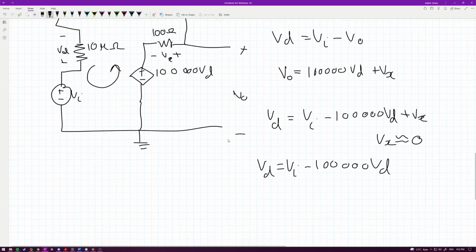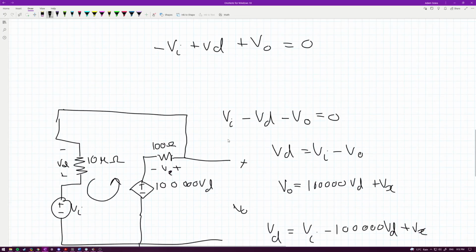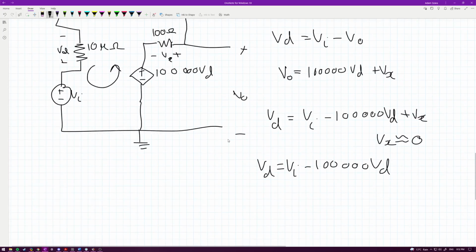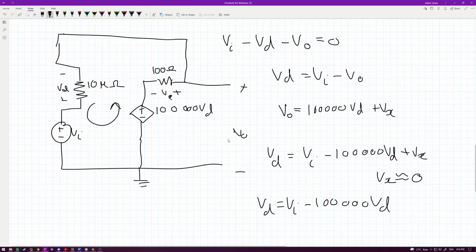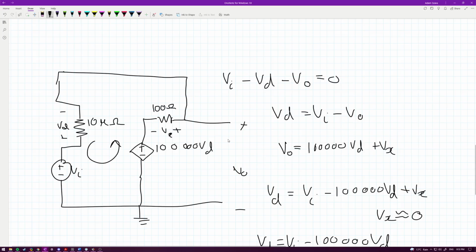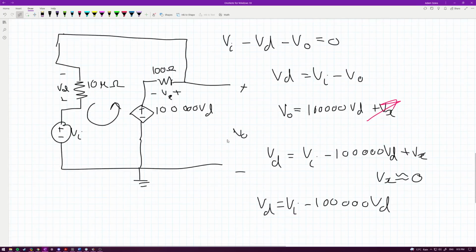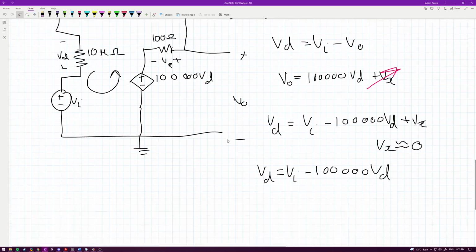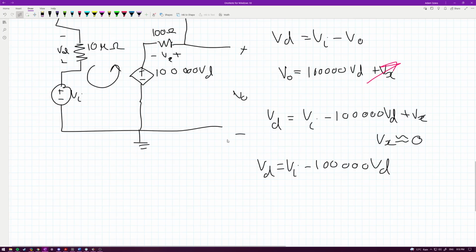And then we were looking for VO over VI. So okay, here, that X goes away because it's negligible. So VO... where did VD disappear to?